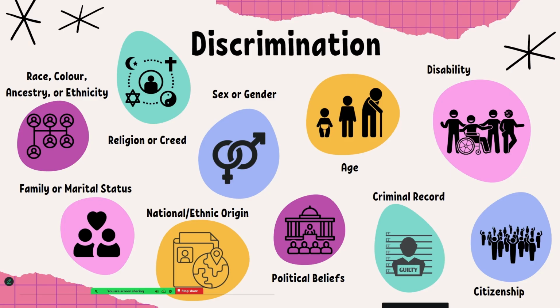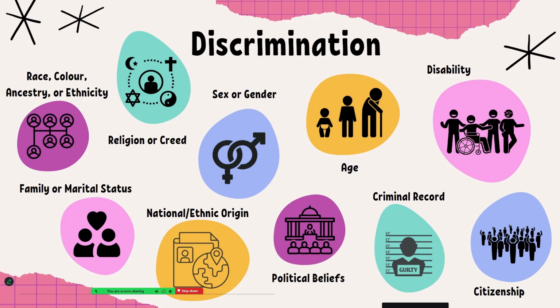We talked about discrimination, how there are the different grounds, and that it is prohibited under both federal and provincial or territorial human rights legislations. So this one, the primary law at the federal level, is the Canadian Human Rights Act.